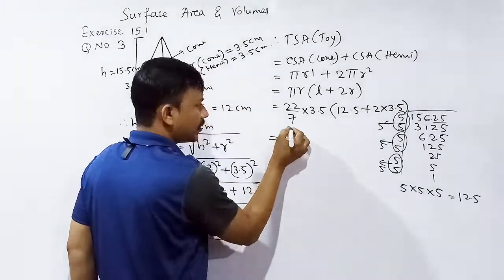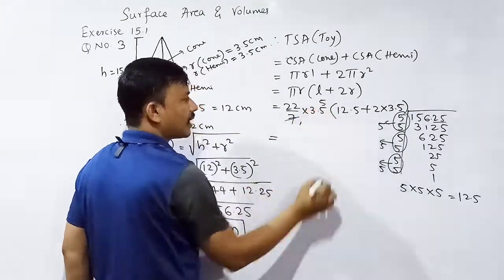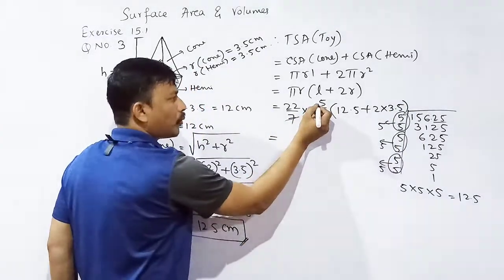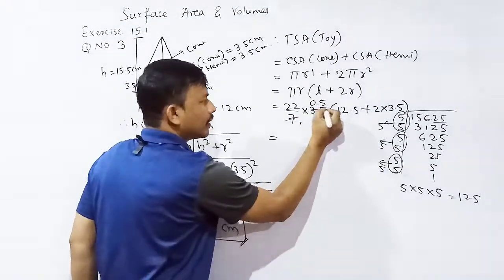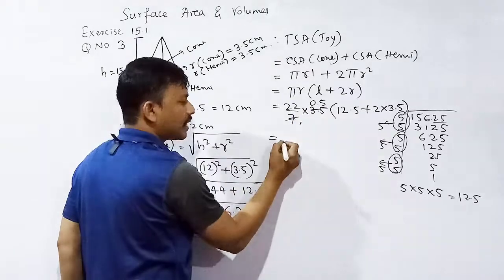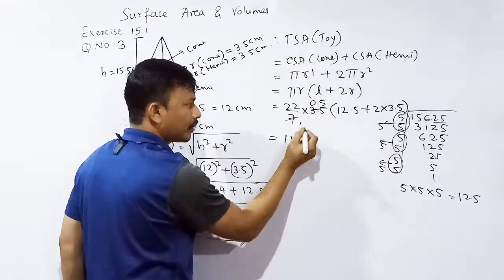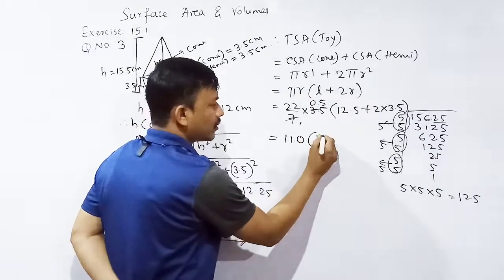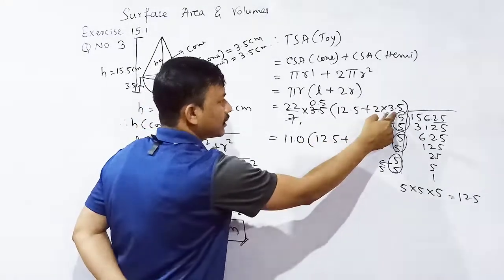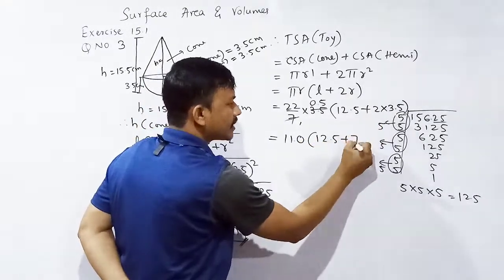This is equal to 7 ones are 7, 5s are 35, point, 1 3 number 0. Correct? Okay. Then 22 5s are 110. In bracket 12.5 plus 3.5 into 2 is 7.